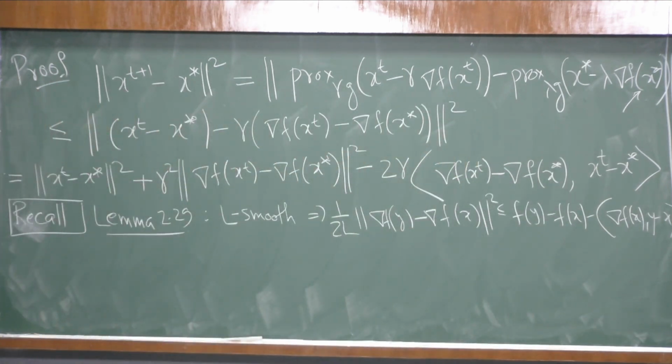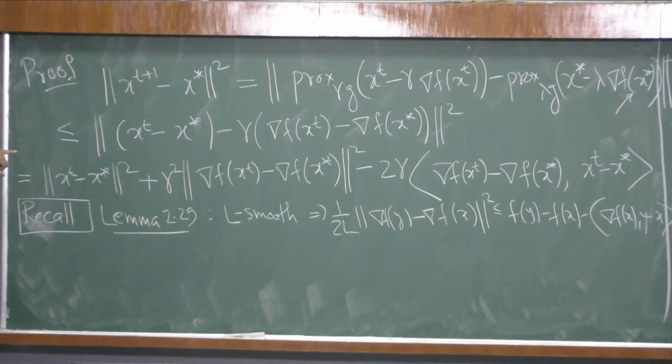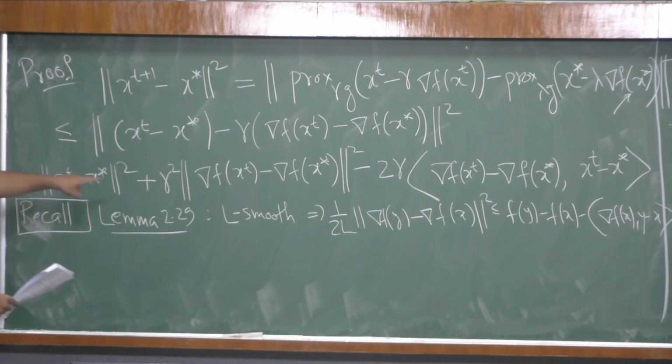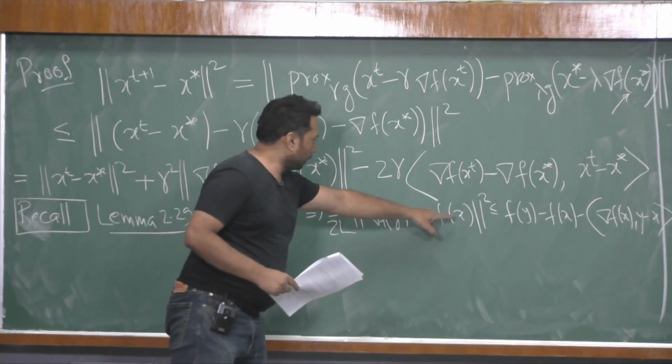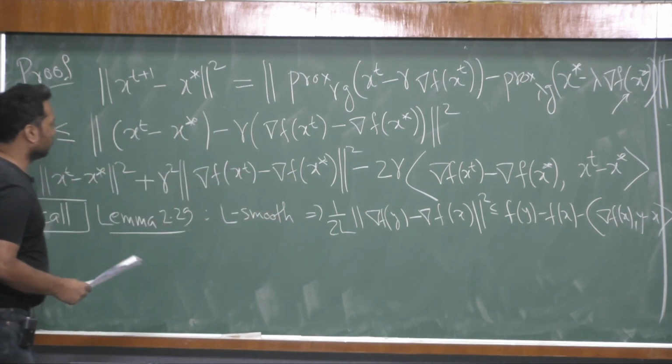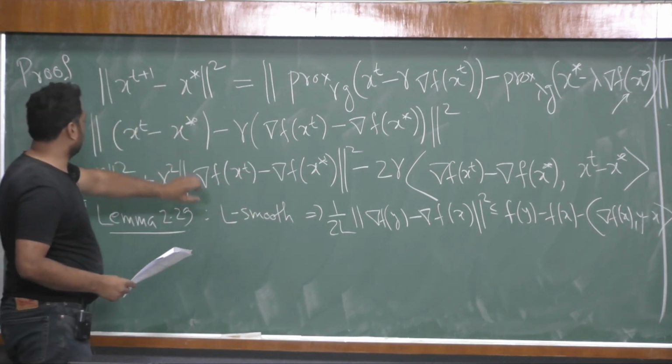This is what L-smooth implies. We will use this now, I believe here. This is the one. Our y will be x_t and x will become x*. So this will give us a bound for this.